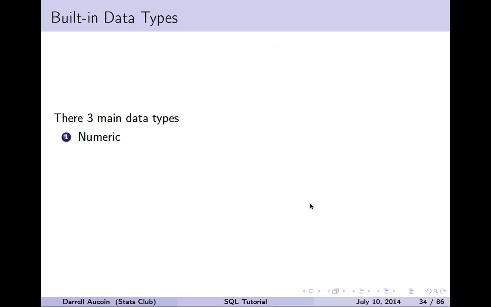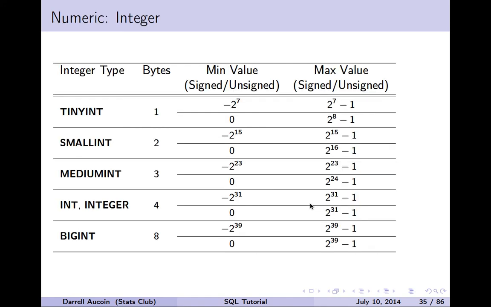There are three main data types in SQL: numeric, strings, and temporal. That's dates, times, that kind of stuff. For integers, there are various different types.